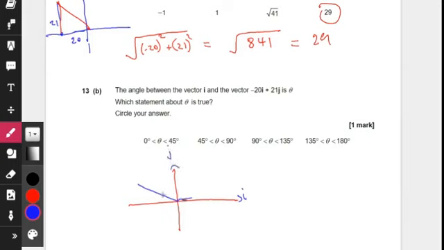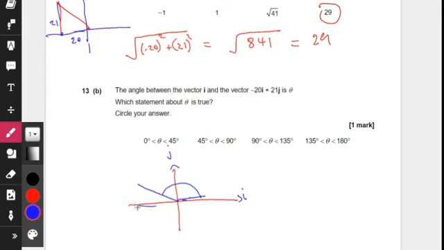So we essentially want to work out this angle here. We don't actually need to work out what it is, though you could work it out and then deduce what's true. How do we know that it wants us to work out that angle and not the angle on the other side, the acute one? Because it says the angle between vector i and minus 20i plus 21j.